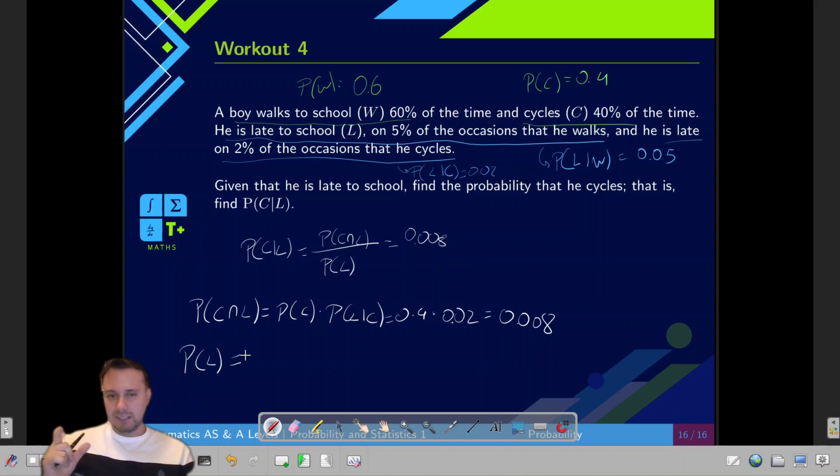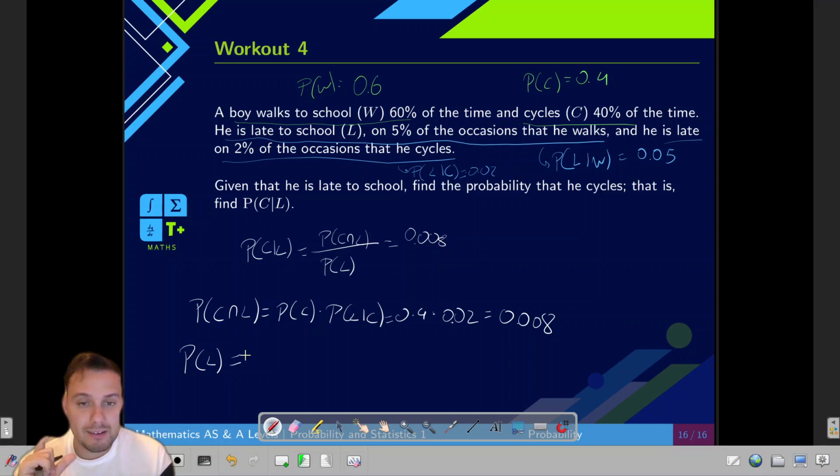Think about it in this way. I said earlier that the only two possible means that he has are walking and cycling. So him being late is only going to be related to the fact that he walked or the fact that he cycled.